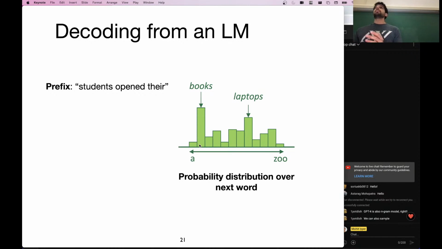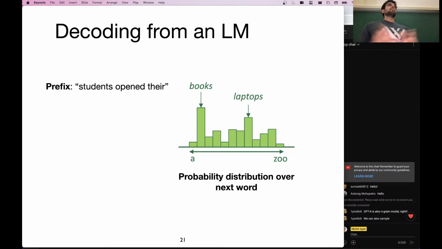Maybe a lot of them are zeros in this current n-gram setup, but maybe the probability of "books" is pretty high given this prefix, and "laptops". And so if I'm using a sampling strategy, I might sample "books" the majority of the time, and maybe "laptops" another large percentage of the time, and sample a word like "zoo" almost never because it has low probability given this prefix.